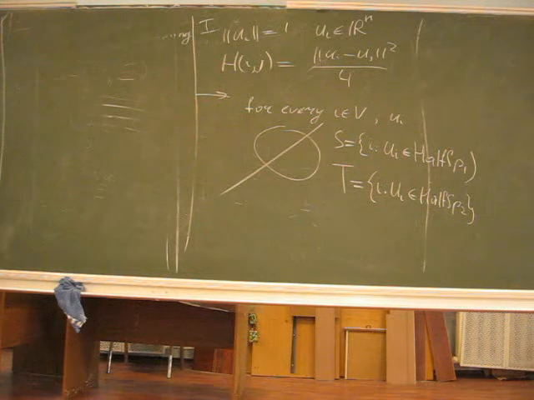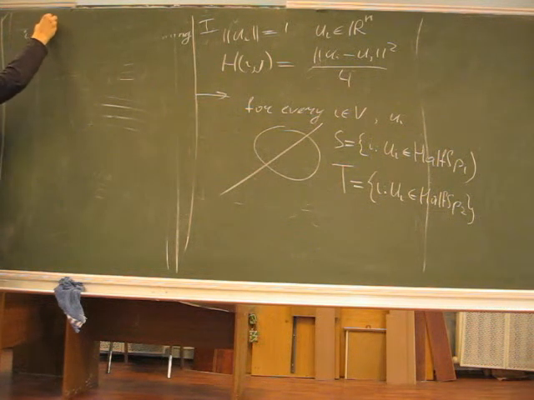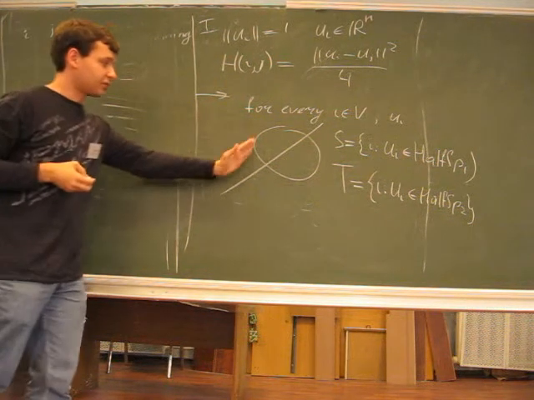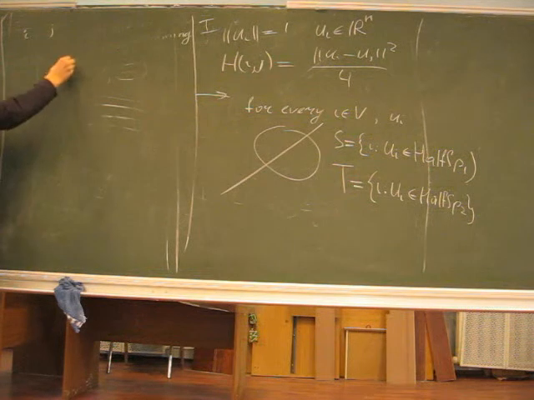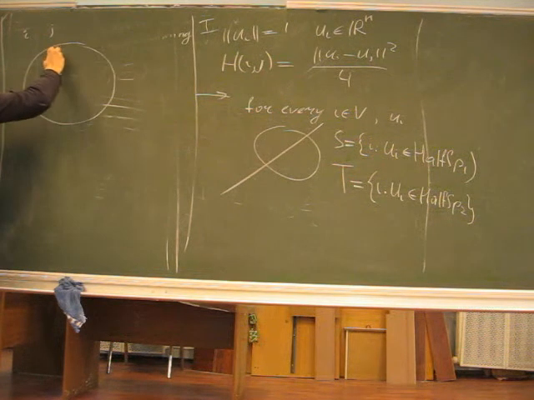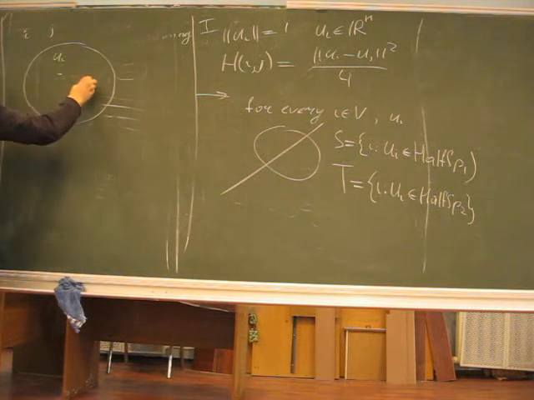So let's look at i and j. What is the probability that this random plane separates ui and vj?